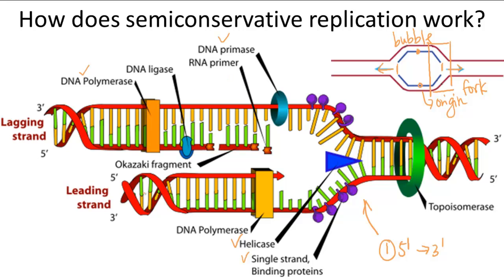So, for example, if we take a look at this strand, we can trace it back to here, and we notice that this end is the 5' end, so that means this end must be the 3' end. The 5' and 3' ends are just referring to certain molecular complexities within the ends of the DNA molecules.